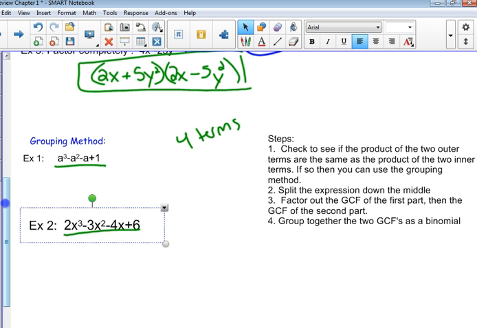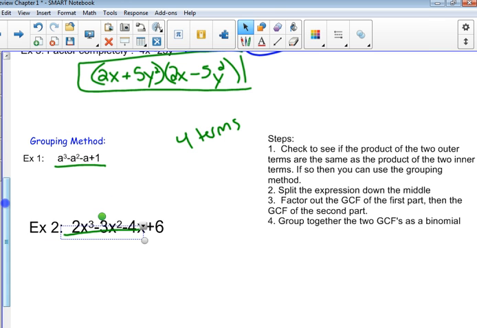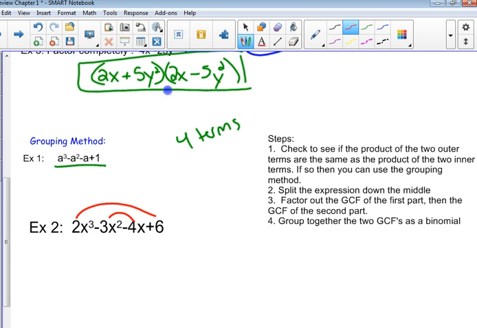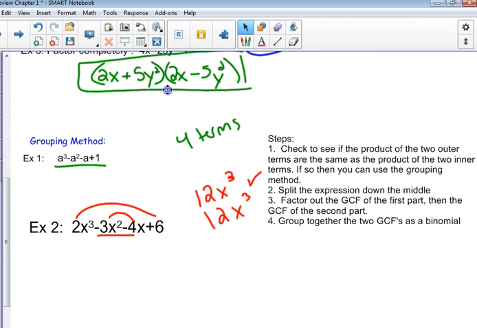If you really wanted to check that grouping will work, multiply the outers and the inners and see if you get the same thing. So 2x cubed times 6 would give us 12x cubed. And the inners, if you multiply those, we get 12x cubed too. So that's a clue that the grouping method will work.